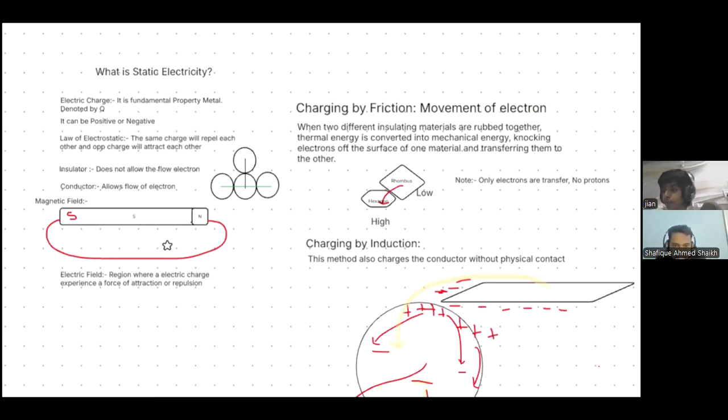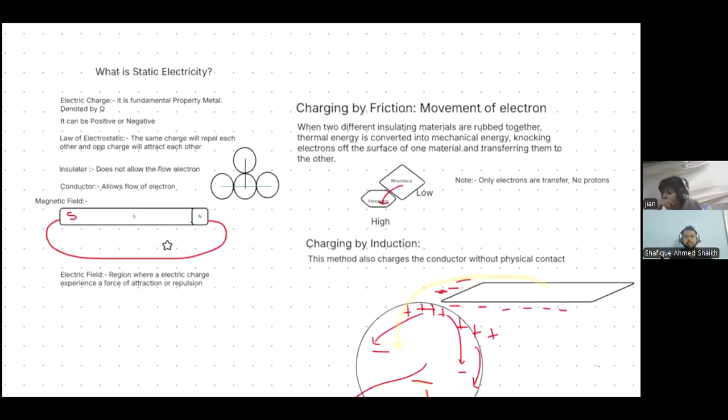Yeah, I opened it. So if you look at the figure, there are three figures shown over there, correct? Yes, sir. Basically, whenever an object is charged, it will always be surrounded by an electric field. And if a charge object moves into an electric field of another charged object, then it will experience a force of attraction or repulsion.